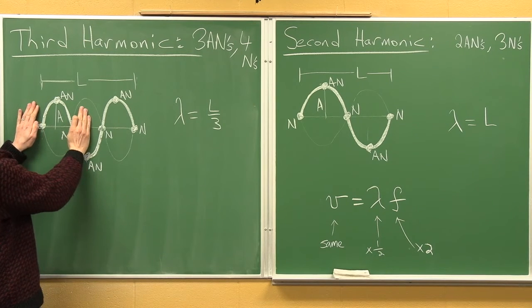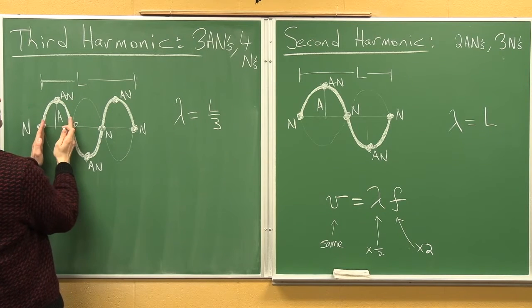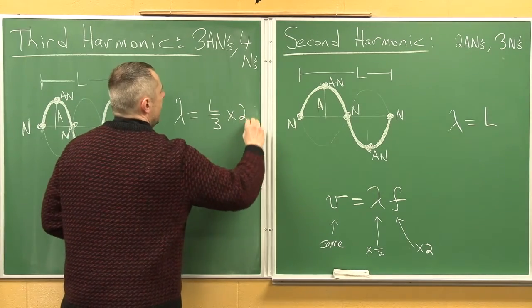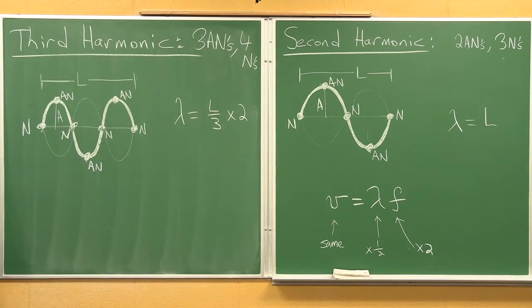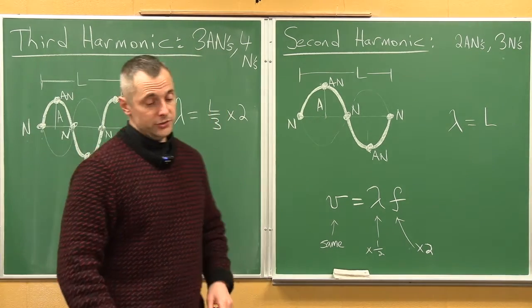A wavelength isn't just a crest. A wavelength is a crest and a trough. So whatever this distance is, we need 2 of those to get a wavelength. And that's the wavelength: the length of the spring, divided by 3, the antinode number, and then multiplied by 2. Then you just punch that on a calculator. You get the wavelength just from geometric considerations.